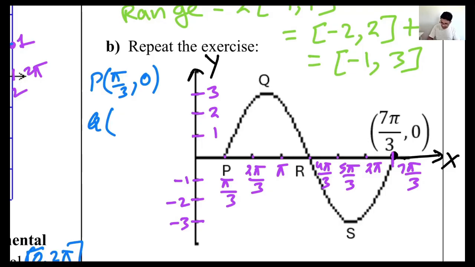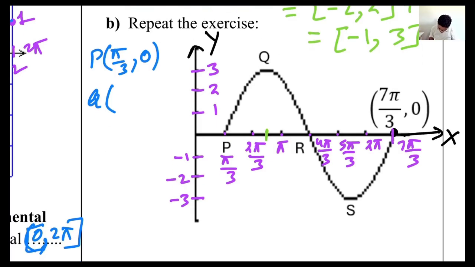Q is interesting. We need to do more calculation, okay? Because Q is halfway between these two, between 2 pi over 3 and pi. So, how much would that be? If you do the calculation, I will do right below here.